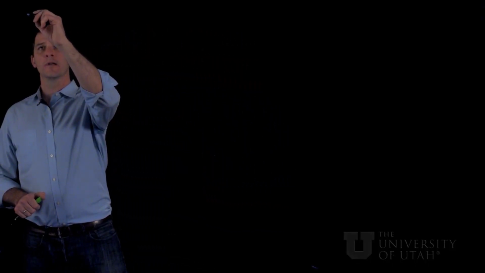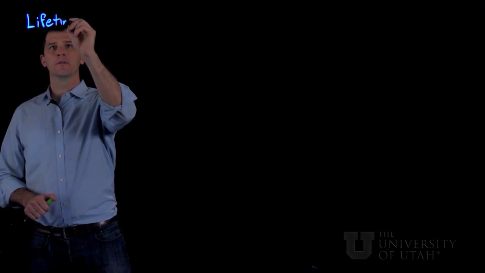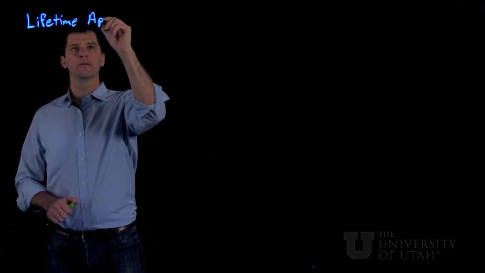Okay, so now let's start to dig into the math. First we're going to work on determining how the excess carrier concentration will return to equilibrium, how the system will relax. So first we want to work out some math within the so-called lifetime approximation.